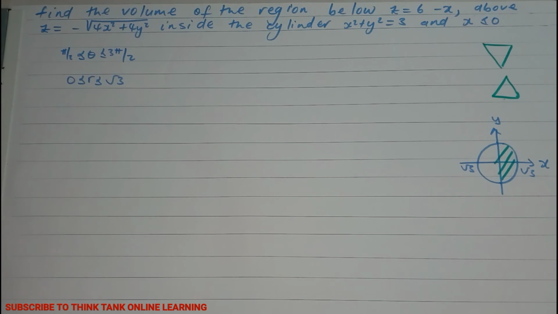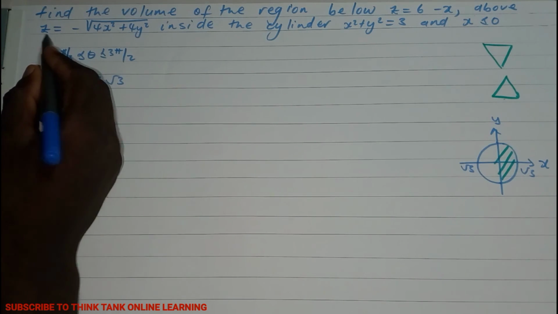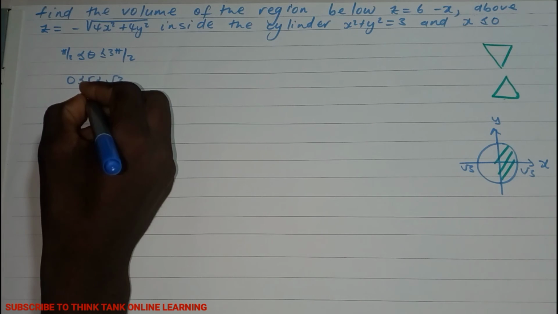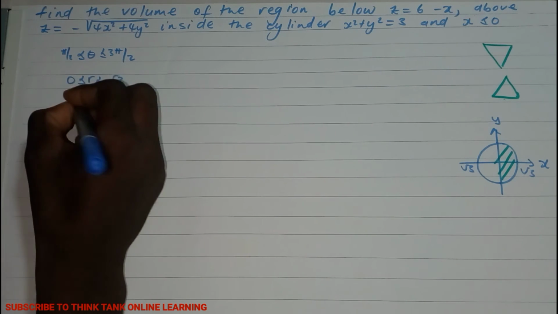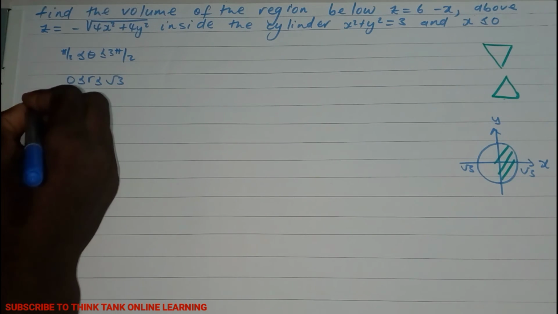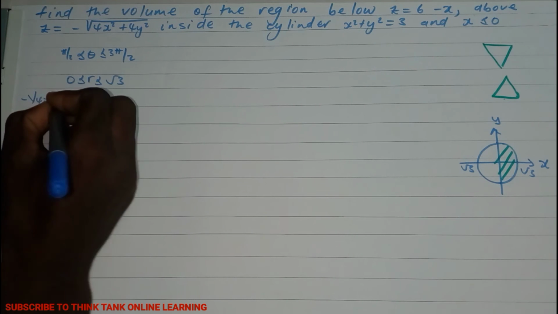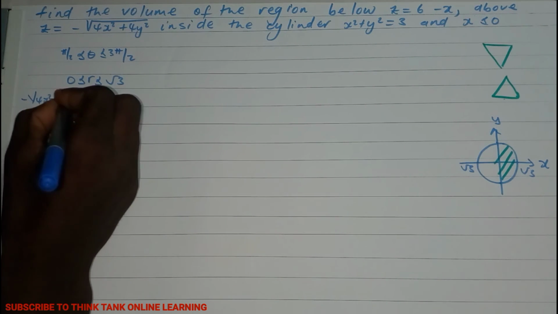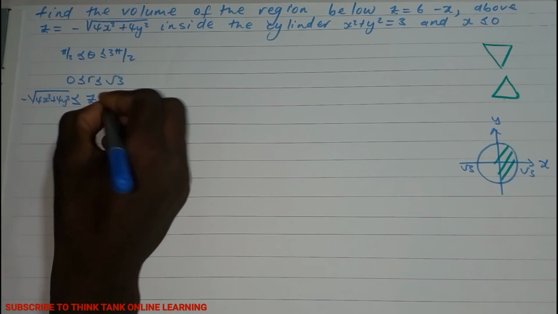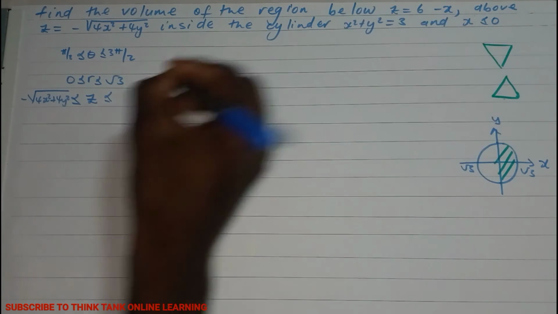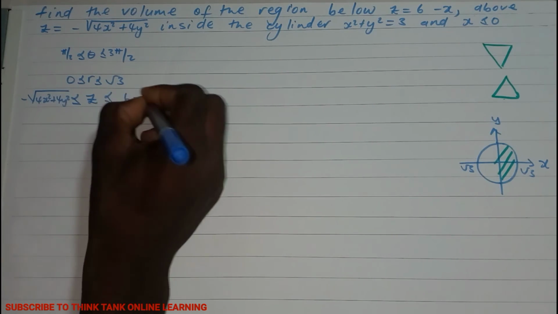Then what about z? In this problem z, it's obvious this is going to be the lower bound and this is going to be the upper bound. So z ranges from negative the square root of 4x squared plus 4y squared, to 6 minus x.